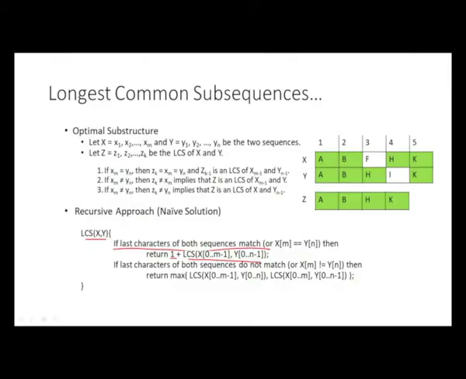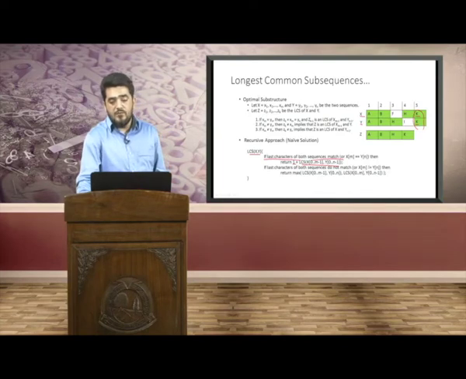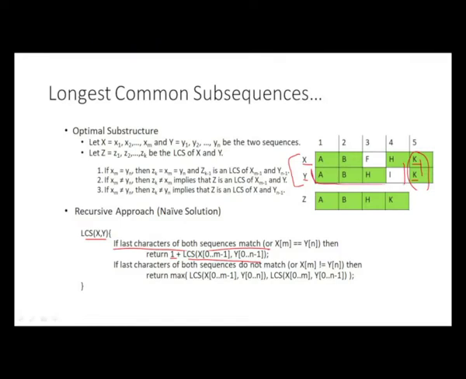In the example above, if we look at these two input sequences x and y, the last characters here do match, k and k. So we have found that the length of the longest common subsequence for x and y in this case would be 1 plus the length of the longest common subsequence in the remaining input sequences. So the same thing will be performed recursively.